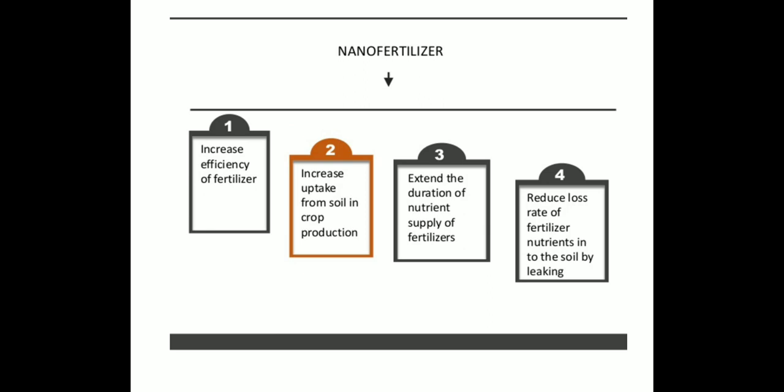They reduce losses of fertilizer nutrients in the soil by leaching. These are four important roles of the nanofertilizer: first, to increase efficiency, that is to increase uptake; then to act as a slow release fertilizer; then to reduce the losses of fertilizer nutrients by the use of nanofertilizers.